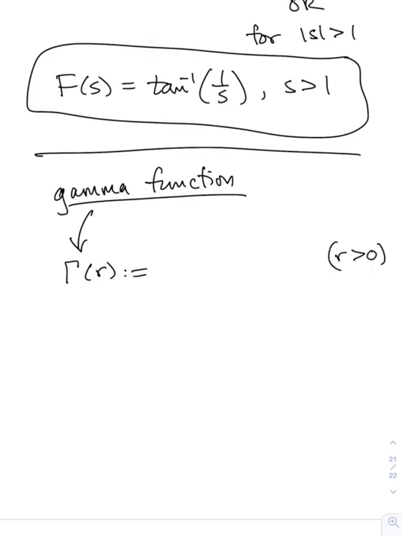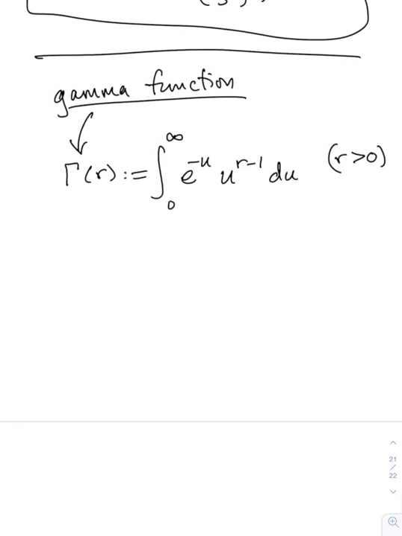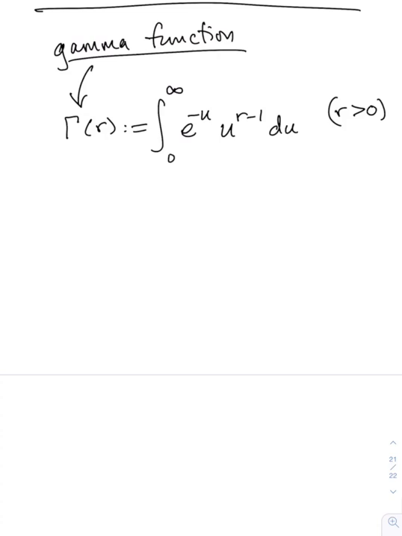For any positive number r, gamma of r is the integral from 0 to infinity of e to the negative u times u to the r minus 1 du. This improper integral is convergent for every r positive, and that's going to give you a number. And that's the definition of the gamma function.